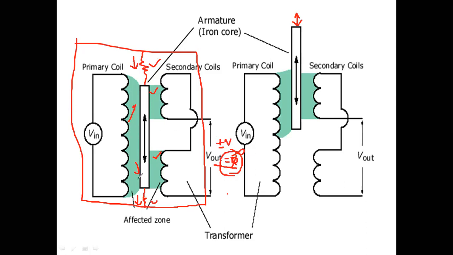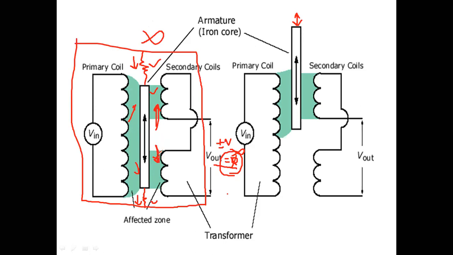direction of movement of core, even though I'm not applying any input. I am not applying anything, but if the spring loses stiffness, the spring elongates, and the core moves and does not stay at the center position. If the core moves slightly to this side, I will get positive voltage at the output even though I'm not applying any input.